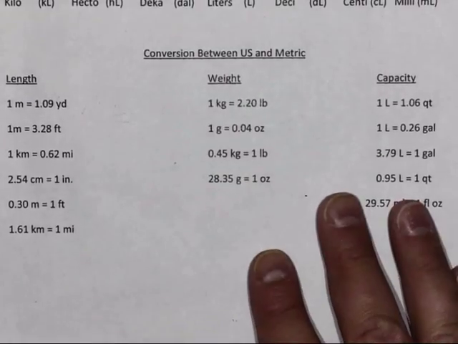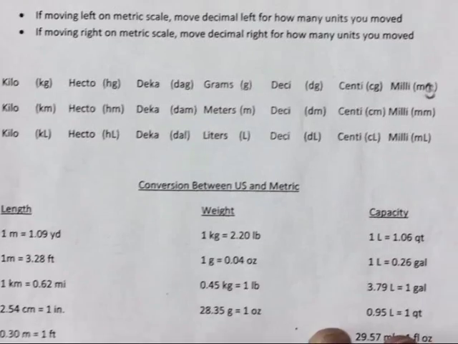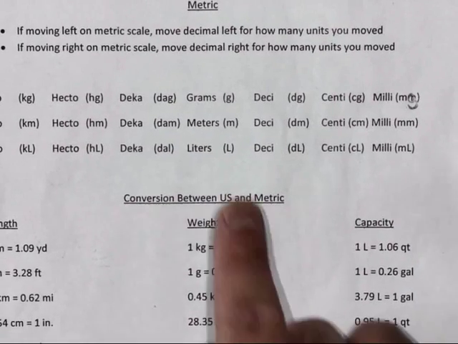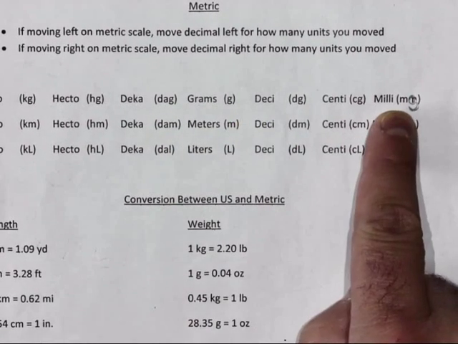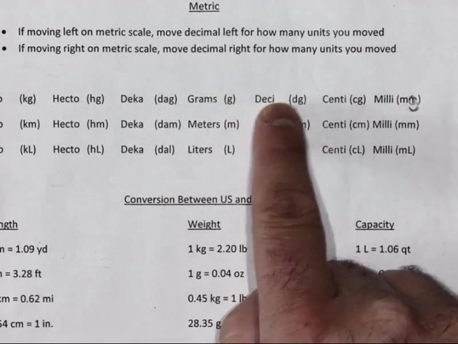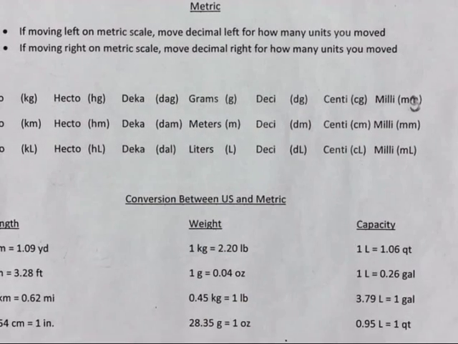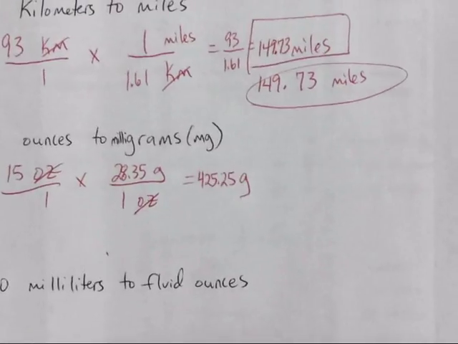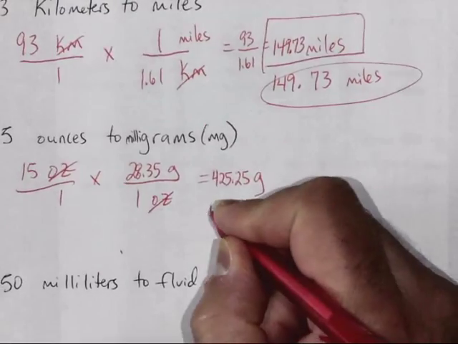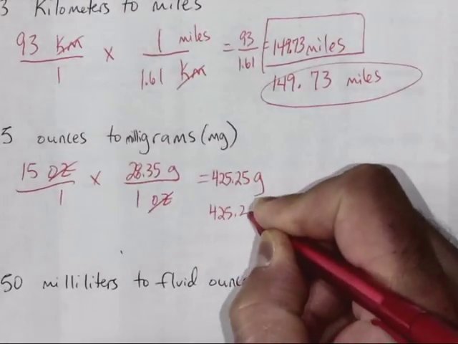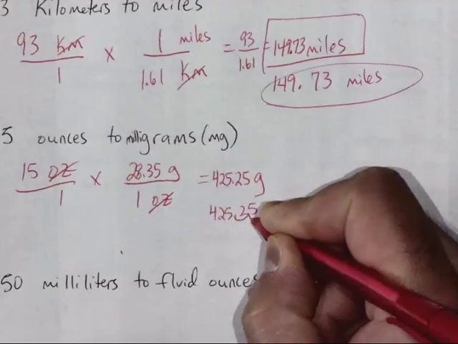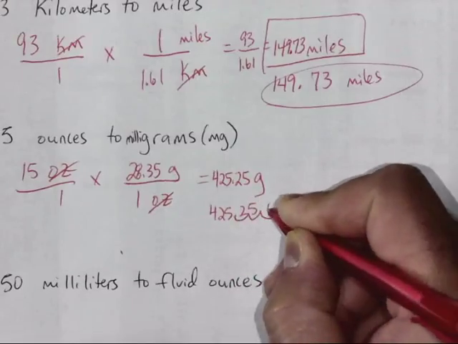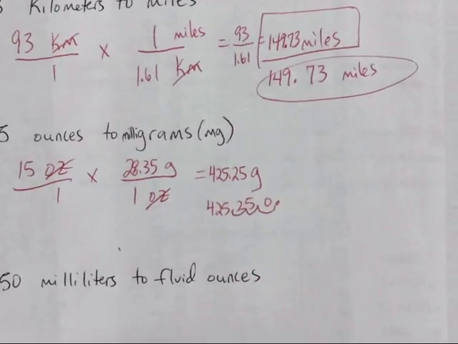So we go to our metric system here. All right. So here's grams. I want to go to milligrams. So I'm going to move that decimal 1, 2, 3 places to the right. So I take the decimal that's here in 425.25, and I move it 1, 2, 3 places to the right. So I'm going to include a 0 there.